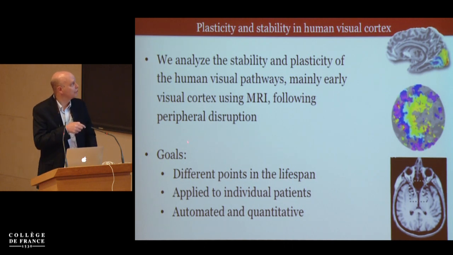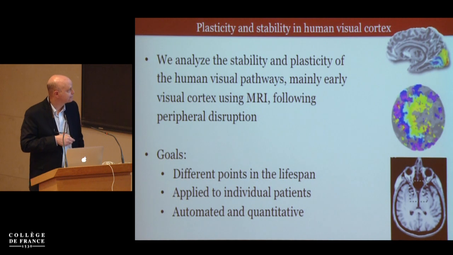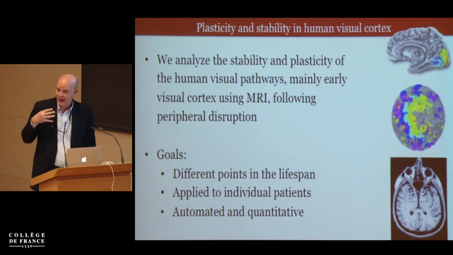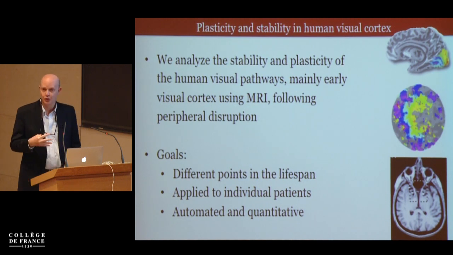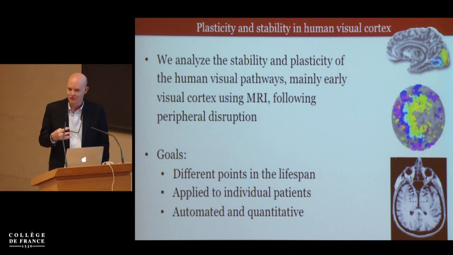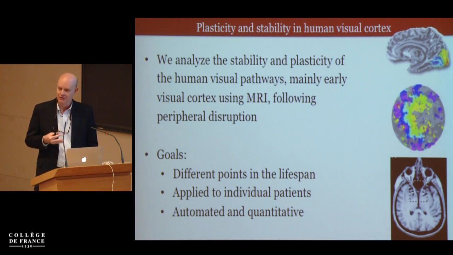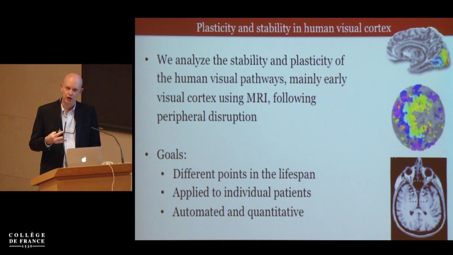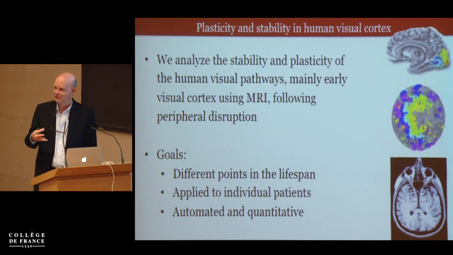Let me say, as I go through this, the goals of the work here. I took a pretty strong stand about 7-8 years ago. I'd gotten into some disputes with Charles Gilbert and Mike Merzenich and various others about to what extent we see general plasticity all across the brain under all circumstances, at all times.